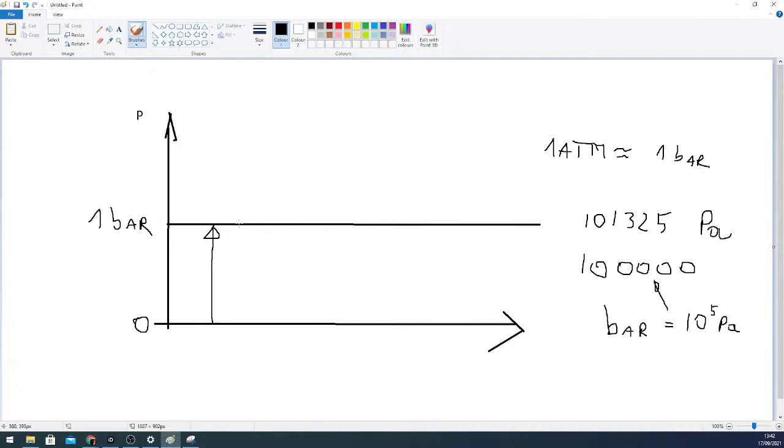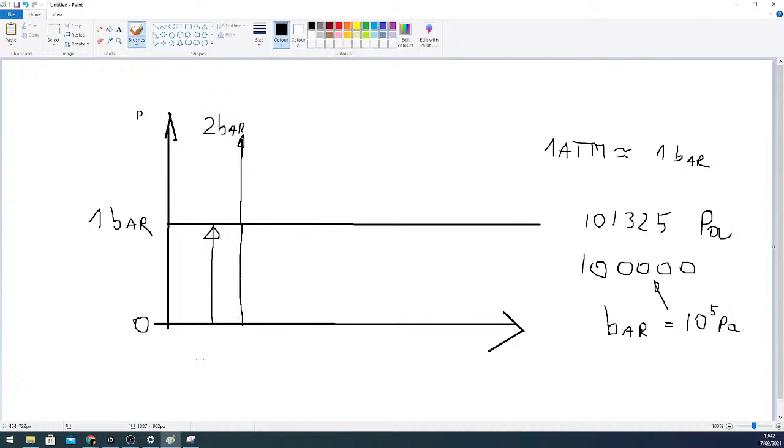If we have a pressure inside the system that's higher than the atmospheric value, then it's called the overpressure. And for example, if you have an additional bar of pressure here, so let's go 1 bar higher.